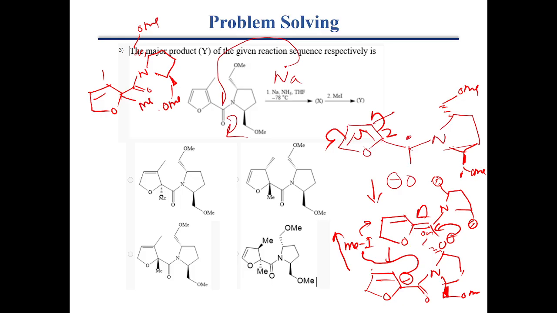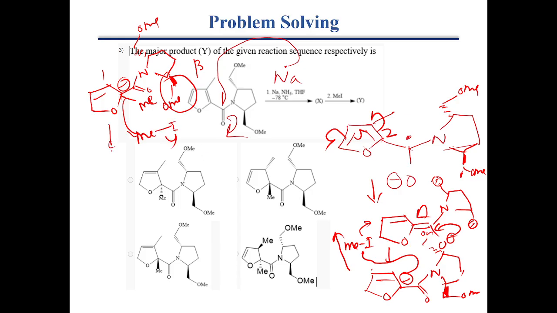Now what will be the stereochemistry of this methyl? So what is happening is there, this anchoring group, this CH2OMe, is in the beta orientation. So now the negative charge has to react with the methyl iodide. As it is in the beta orientation or up position, the methyl comes from the down or alpha orientation.